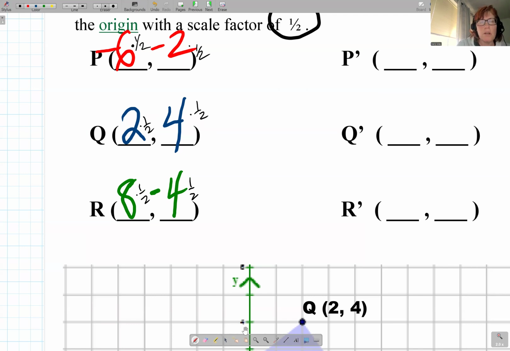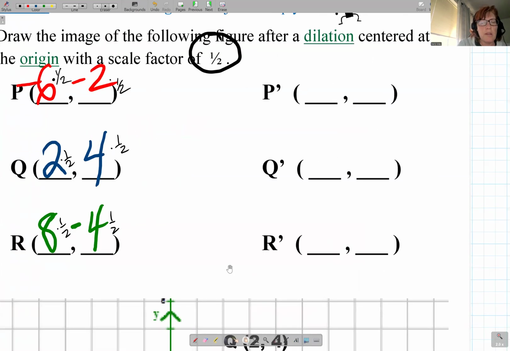All right, so little baby 1/2. Half of -6 is -3. Half of -2 is -1. Half of 2 is 1. Half of 4 is 2. Half of 8 is 4. Half of -4 is -2.